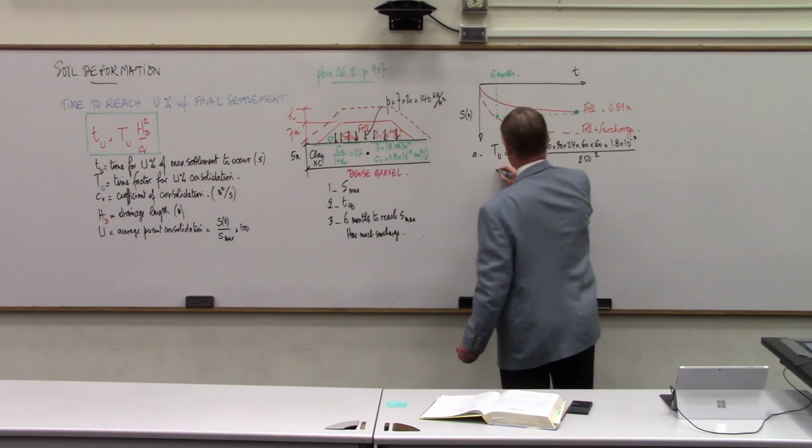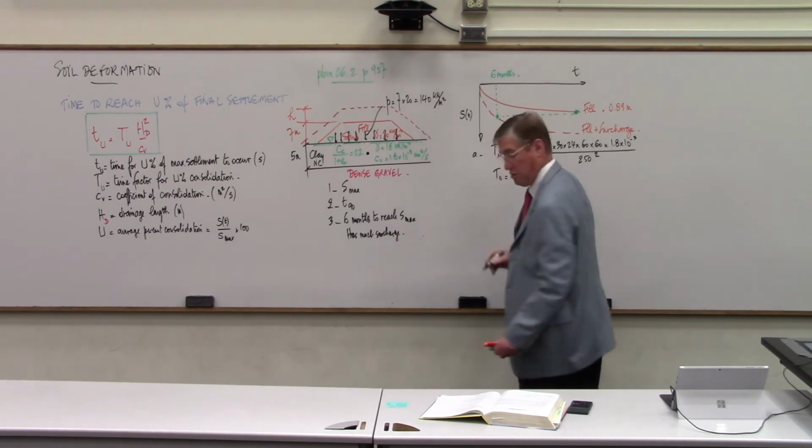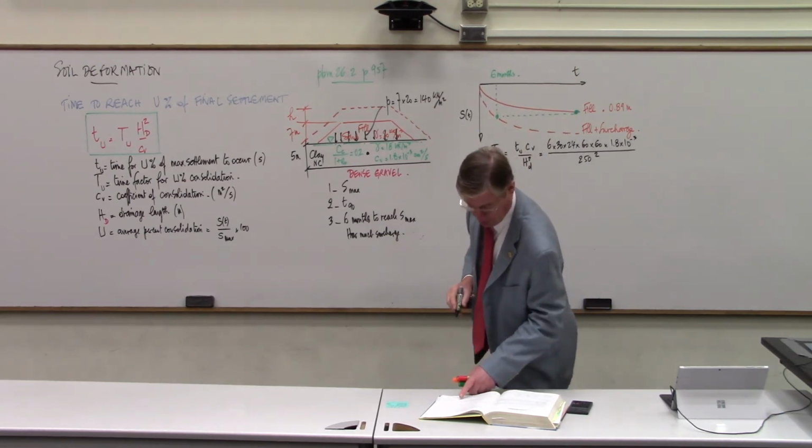I did that, and I got T sub V equal 0.448.